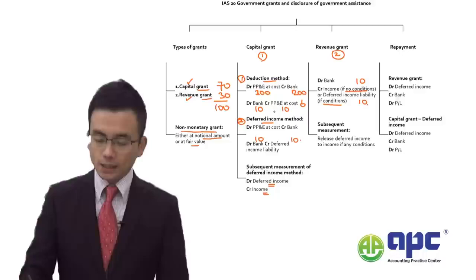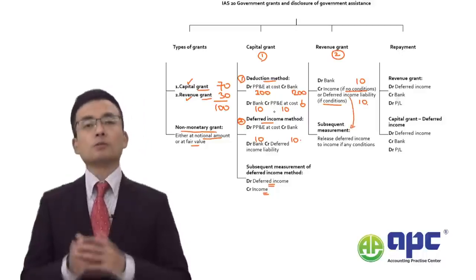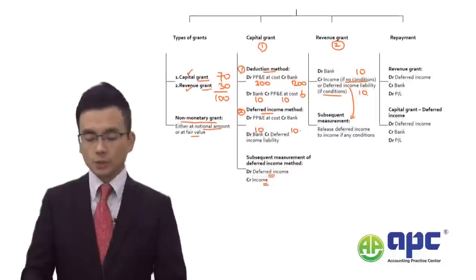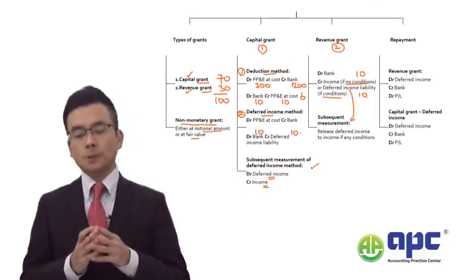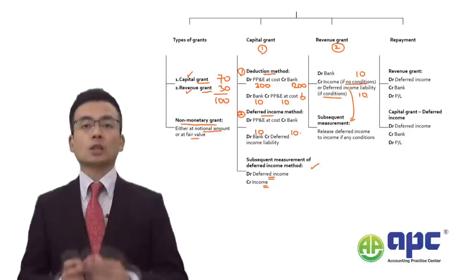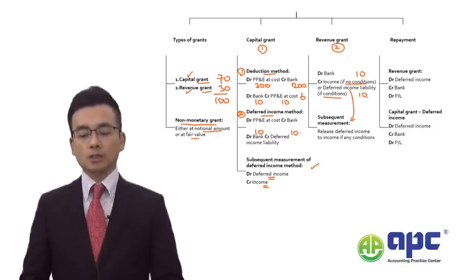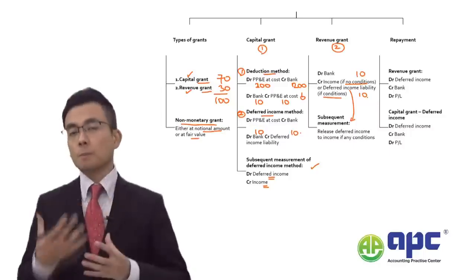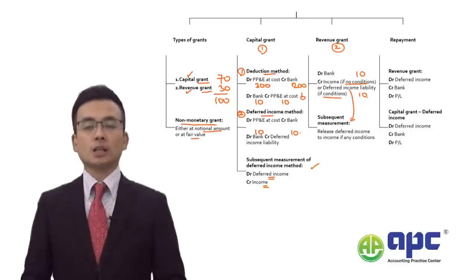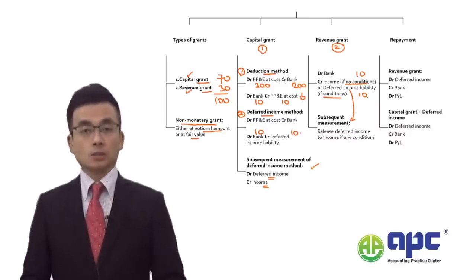And if there are any deferred income liability for subsequent measurements, all we can do is doing the same thing, to debit the deferred income liability, according to the number of years, according to the condition, and to credit the income. Or when you finally meet that particular target, you can release that to income into the P&L.